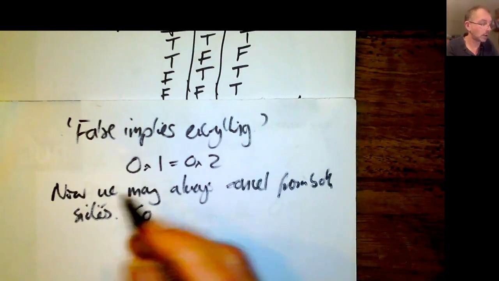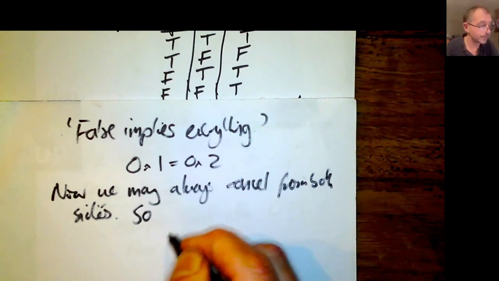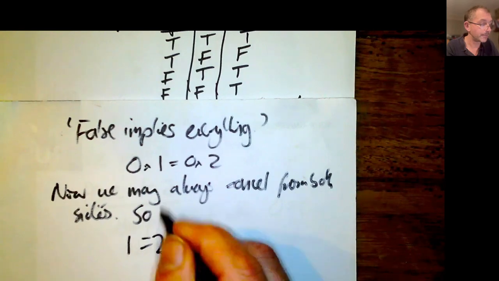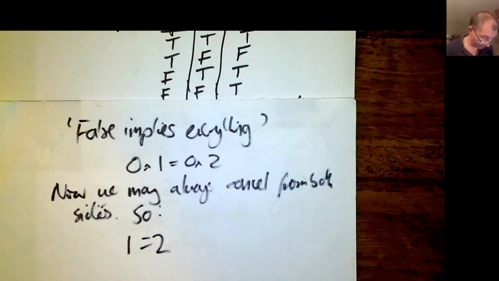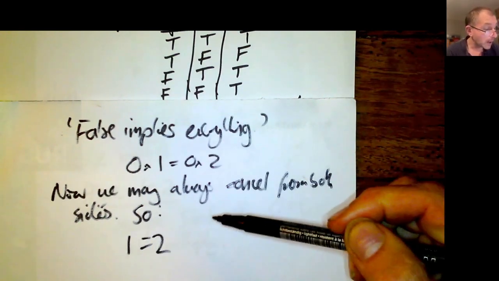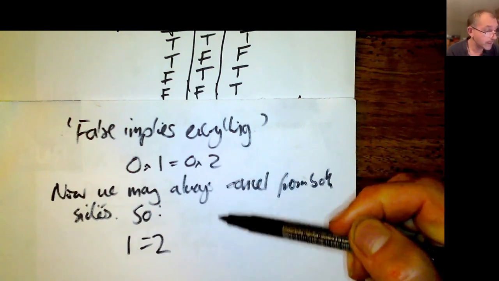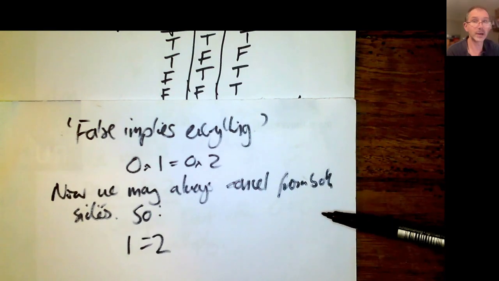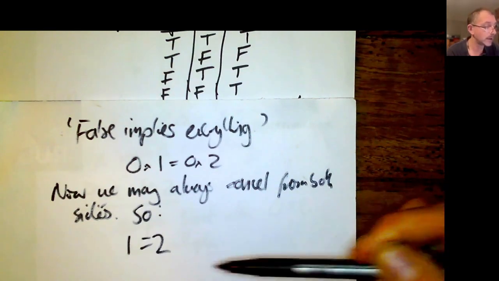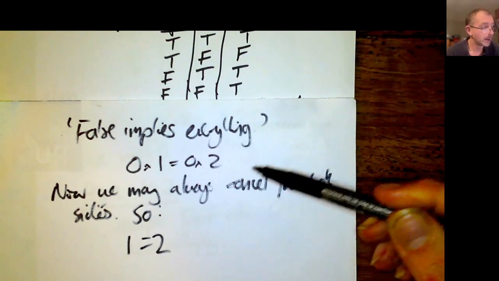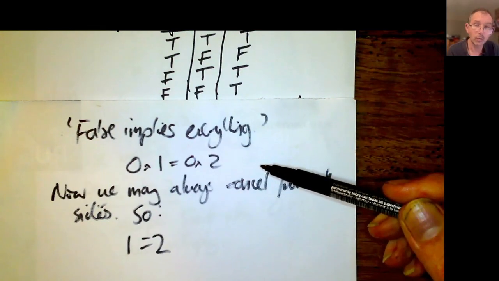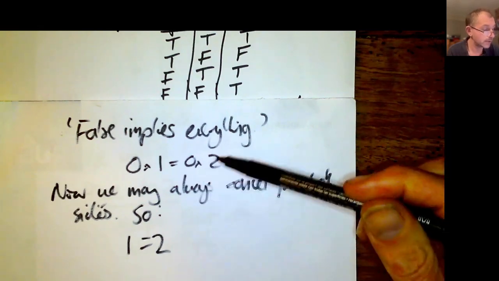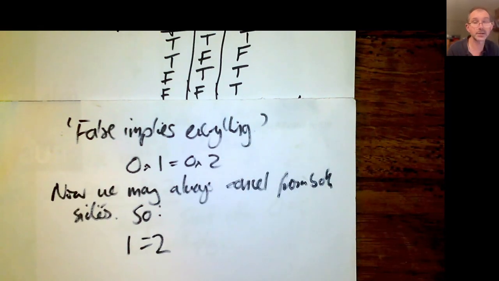So getting rid of the zeros, we get 1 equals 2. Okay, this is a perfectly reasonable implication. If it's true that we may always cancel from both sides, then we do get 1 equals 2. The problem is we can't always cancel from both sides in the way that is being done here, because it's dividing both sides by 0.